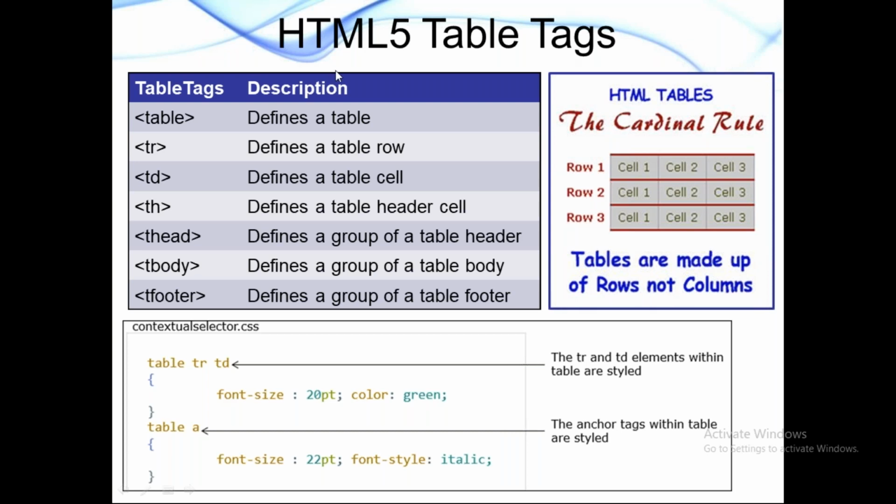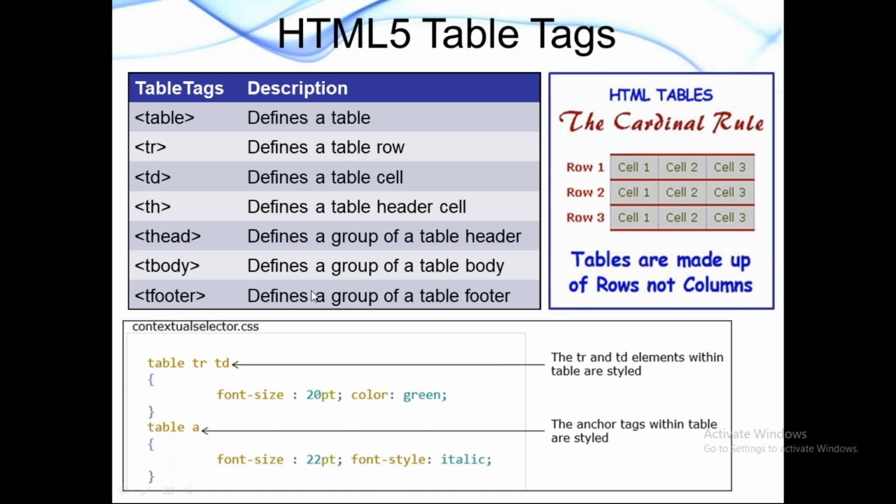And in HTML5, you have 3 additional tags called T head, T body, and T footer. So in the T head section, you can give the headings for the columns. The T body contains the table detail. In the T footer, you can display some total or something.